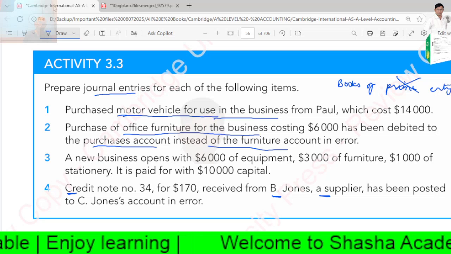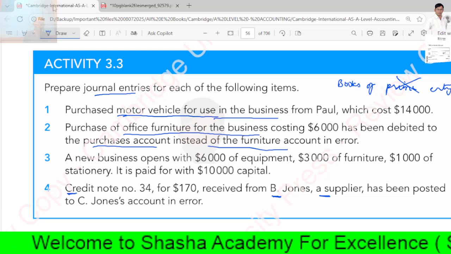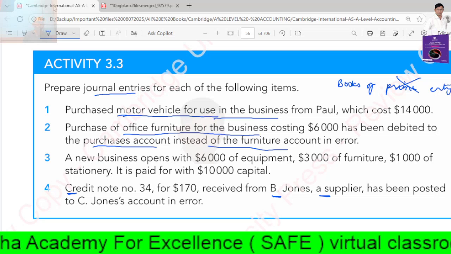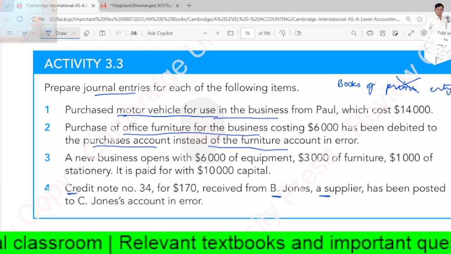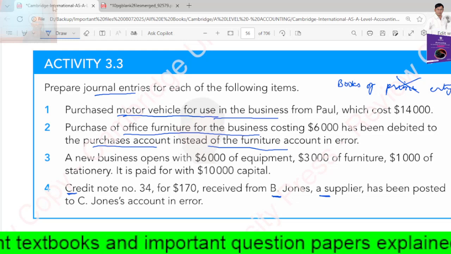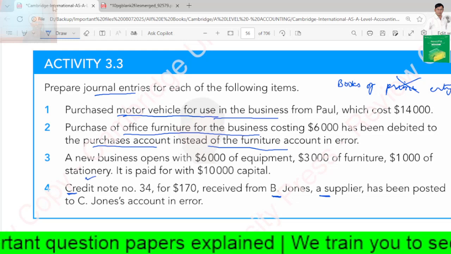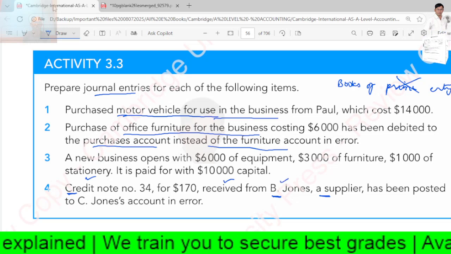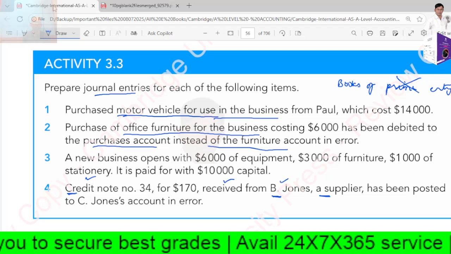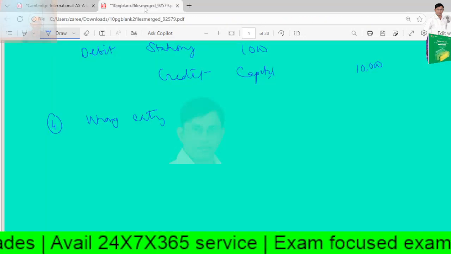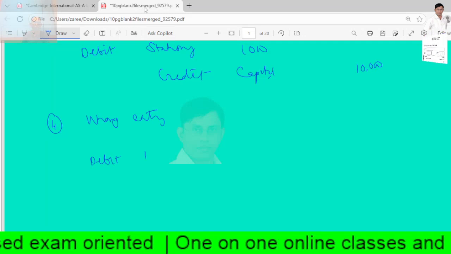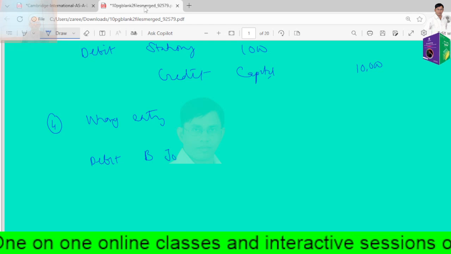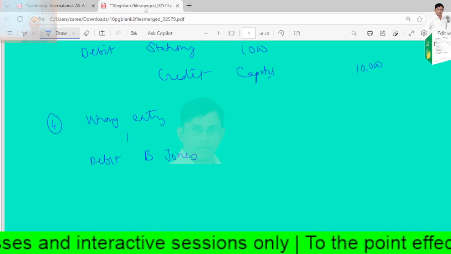So we have to credit B Jones or debit B Jones? We have received, so we have to debit B Jones. This is the right entry.